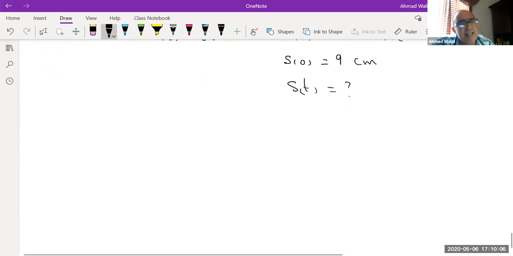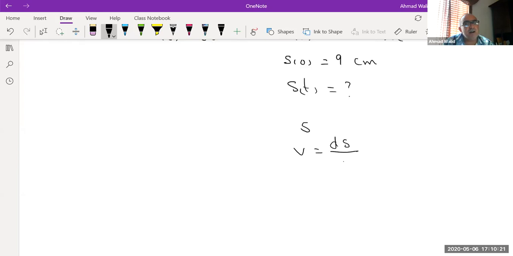Remember the example that I did for you on physics and derivatives? What did I tell you? V is the first derivative of the position. A is the second derivative of position, or the first derivative of velocity.